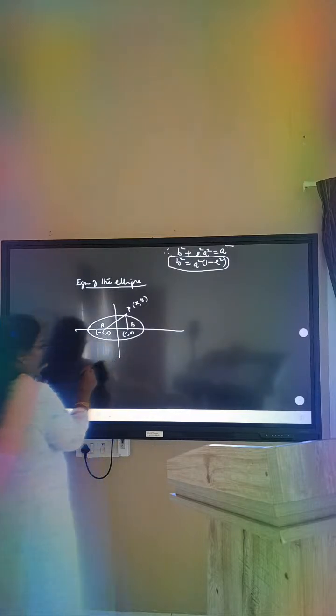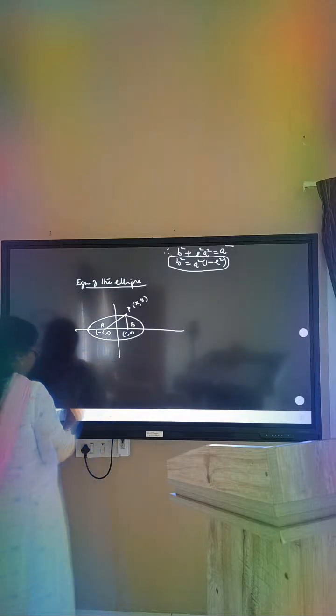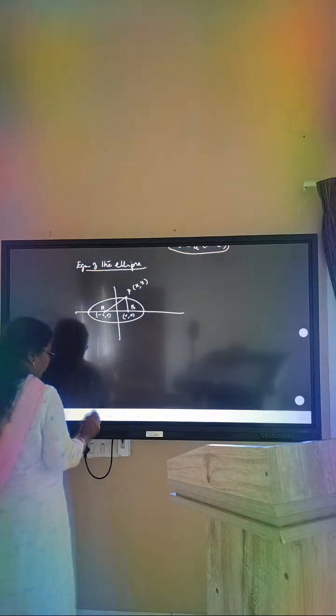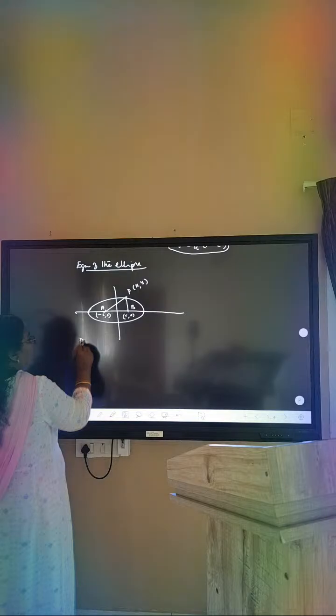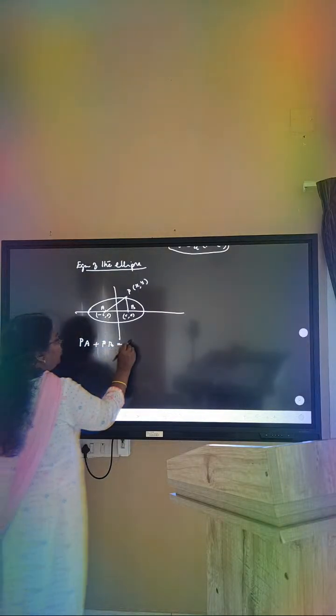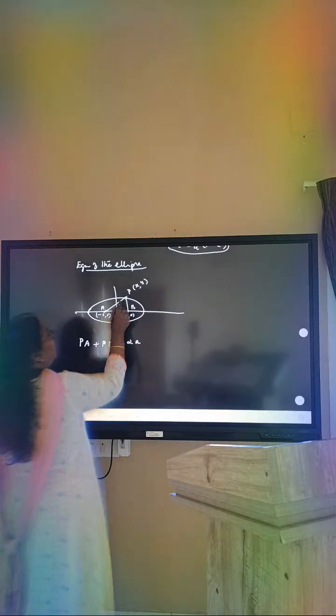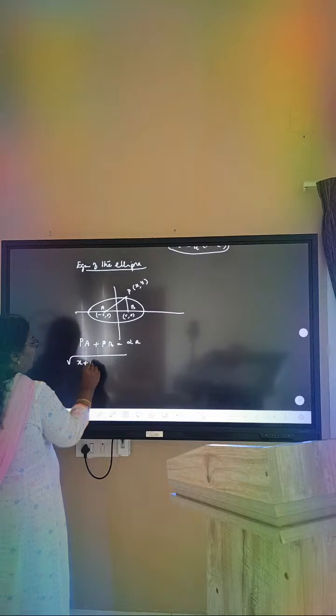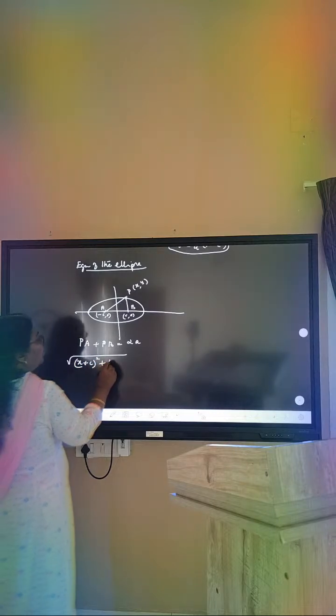So we can write PA plus PB is equal to 2a. But what is PA? PA is equal to the square root of (x plus c) the whole square plus y square.